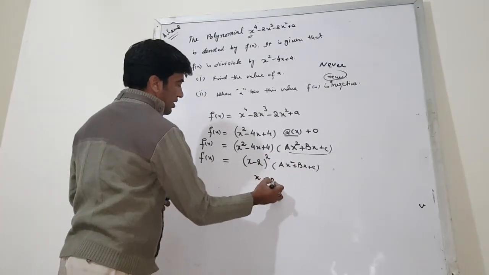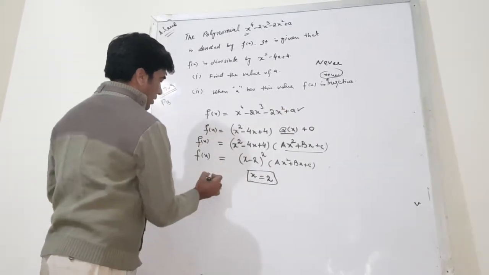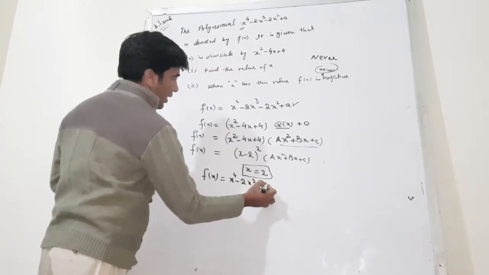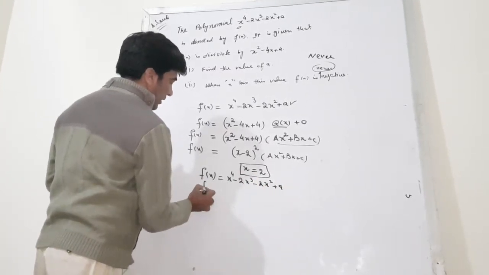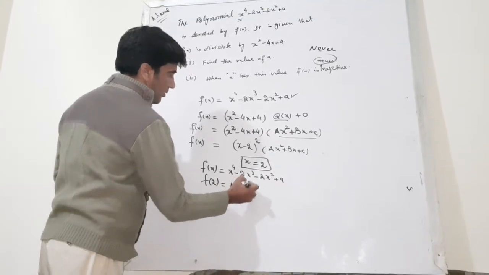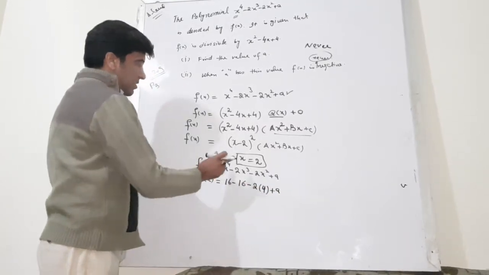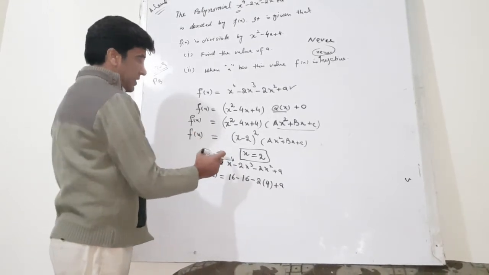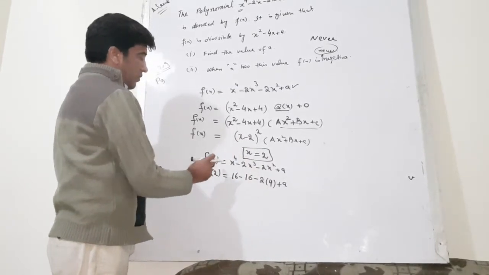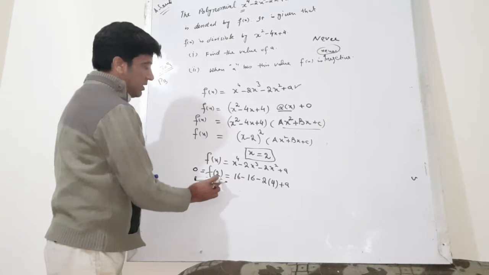So by taking x = 2 and plugging it back into the polynomial x⁴ − 2x³ − 2x² + a, I get f(2) = 0. As stated in the question, and as I have shown, x − 2 is a factor, so putting x = 2 in the polynomial gives 0, as f(2) is the remainder.